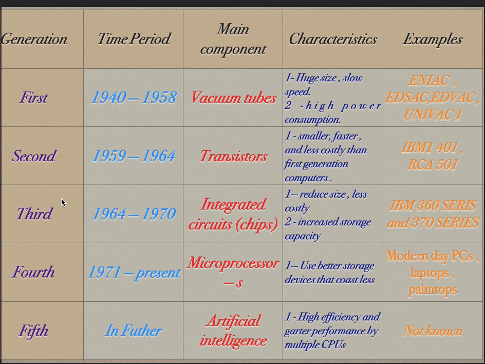When we come to the third generation, it is integrated circuits, which are also called chips, and the time period is 1964 up to 1970. Transistors were used up to 1964, and in that same year integrated circuits, I mean chips, were introduced.